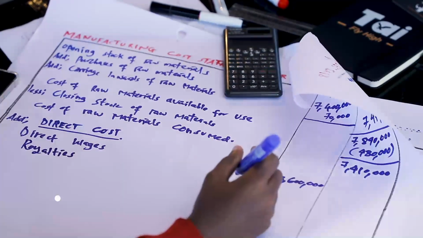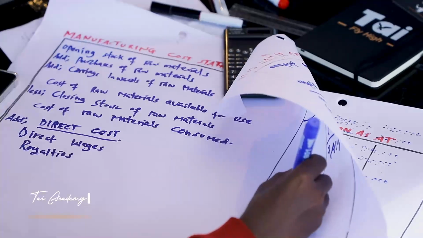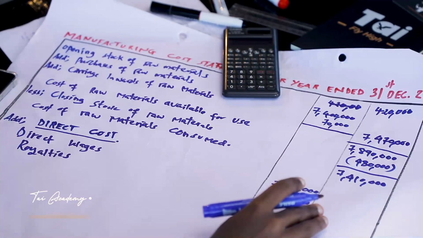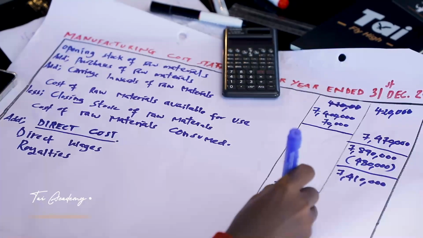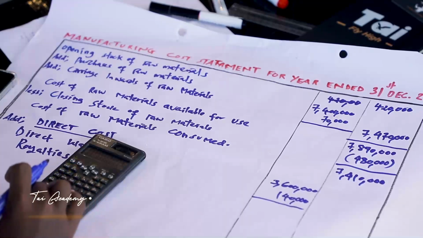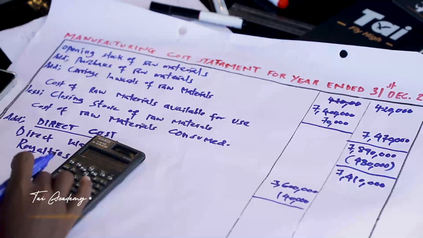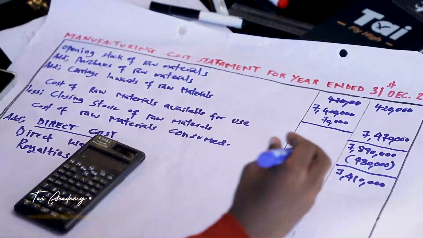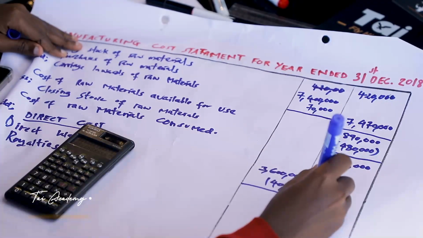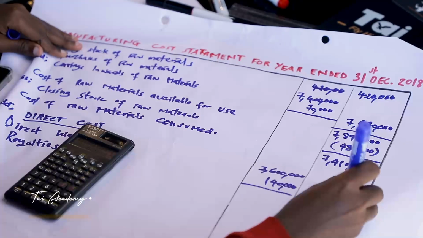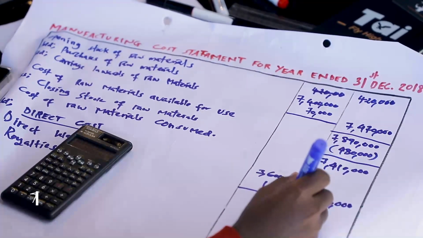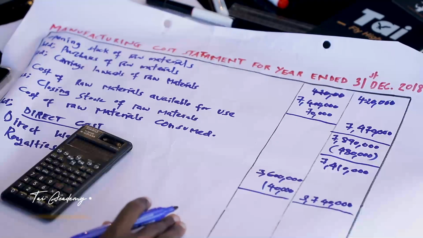We had royalties of 140,000. There was no other direct cost, so we add the two and get 3,740,000.